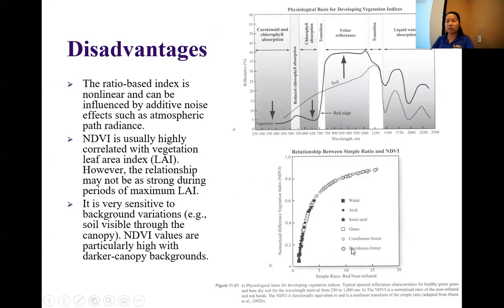This is based on different types of features. But between simple ratio and NDVI, they have a nonlinear relationship. What you can see is that in the early stage, NDVI is increasing pretty fast, which means that NDVI is quite sensitive to the growth change.